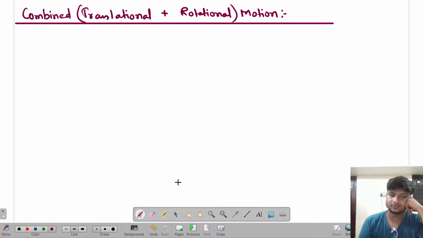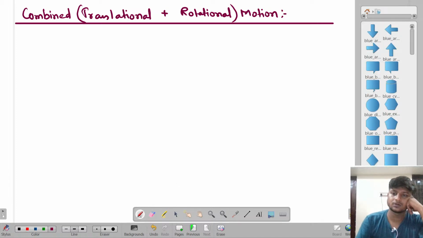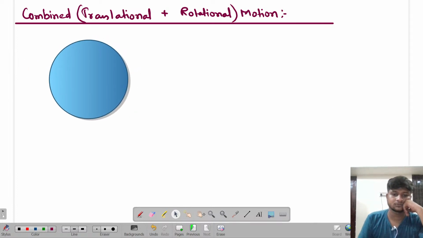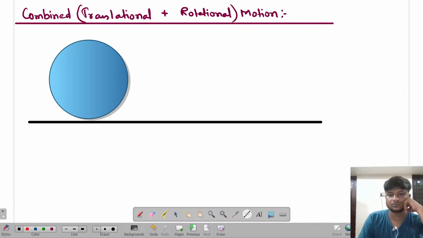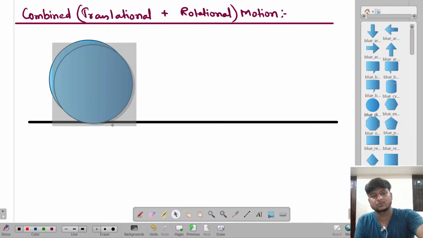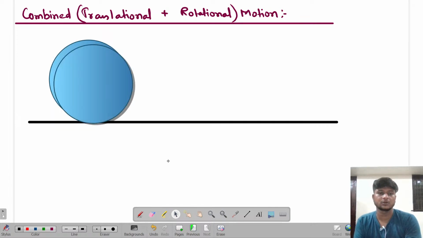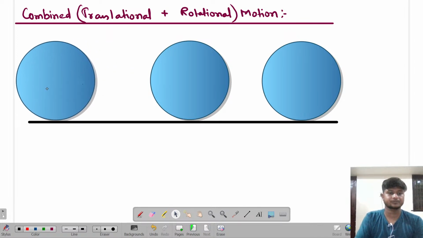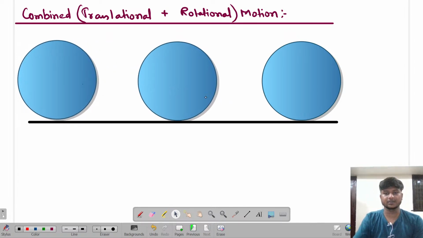Think. Let us see one thing. Let's suppose I have a wheel. Let us understand this.